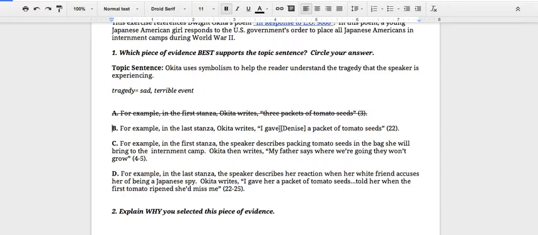There's an action going on here. The tomato seeds might be a symbol, but still, I don't know enough. I don't know who Denise is. I don't know who I is. I don't know who the speaker is. I don't know what the tomato seeds are. I don't have any hint about what they represent, and I certainly don't see anything about tragedy. Giving someone a packet of seeds does not yet tell me that tragedy is happening. So it's not going to be B.